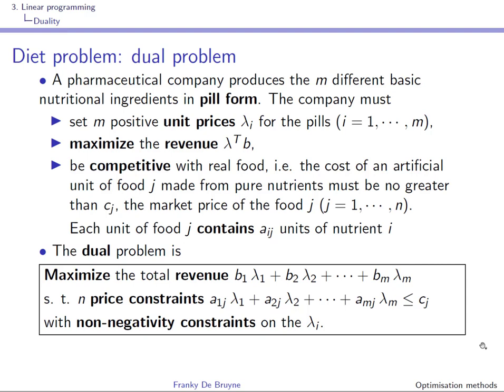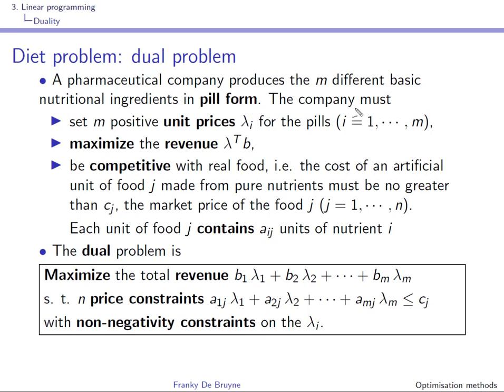Well, the dual problem can be thought of as follows. Imagine that you have a pharmaceutical company that produces the m different basic nutritional ingredients, so the nutrients, proteins, lipids, imagine that it's vitamins for instance, in pill form.